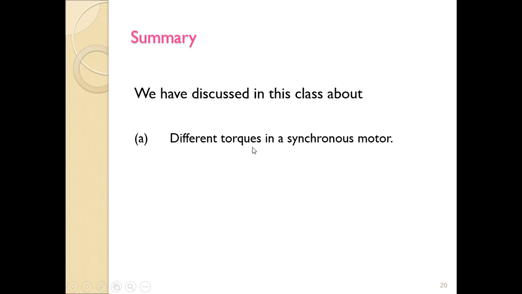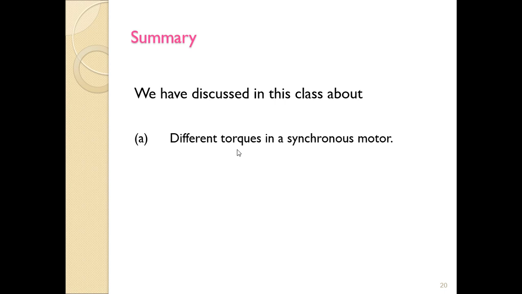First one is starting torque, which is available at the time of starting, and pull-in torque, that is when the motor pulls into synchronism, that is when the rotor poles and the stator magnetic poles get locked to each other and start rotating at synchronous speed. At that time the torque available is called pull-in torque.